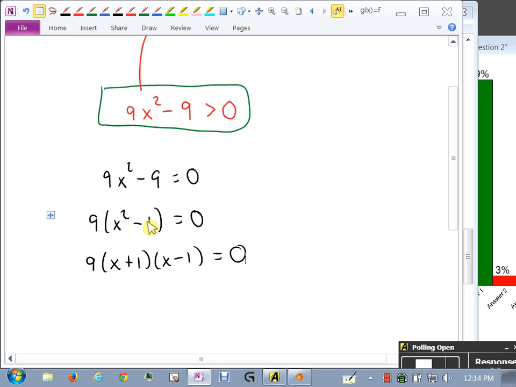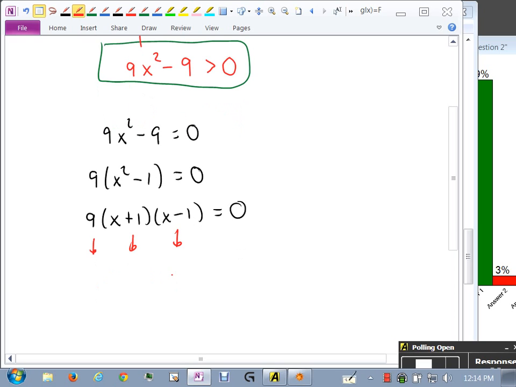This x squared minus 1 is a difference of squares, and now you set all 3 factors to 0. 9 is never 0, so you just throw it out. x plus 1 gives us negative 1 as an answer, and then here, positive 1. So we have 2 x-intercepts at negative 1 and positive 1.